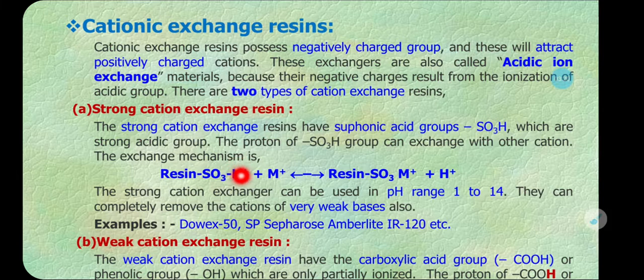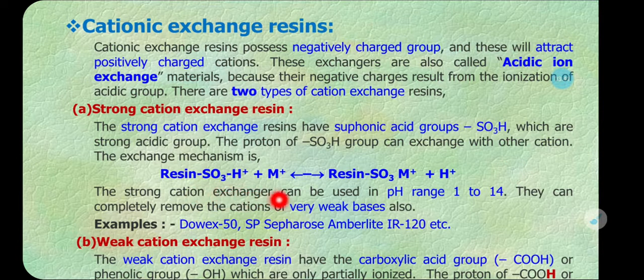This H+ ion easily exchanges with other cation, that is metal ion, and after exchange we get resin, sulfonic group and metal cation, and H+ ion will move along with the mobile phase.